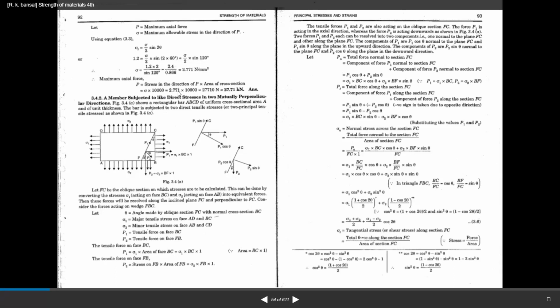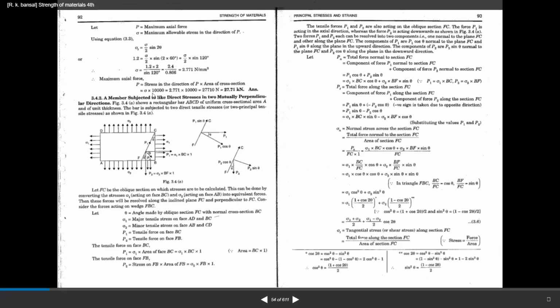Finally, 2.771 into 10,000 gives 27,710 newtons. Converting to kilonewtons by dividing by 1000, we get 27.71 kilonewton. This is the calculation of the maximum allowable force, the maximum axial force. Let's see another one.